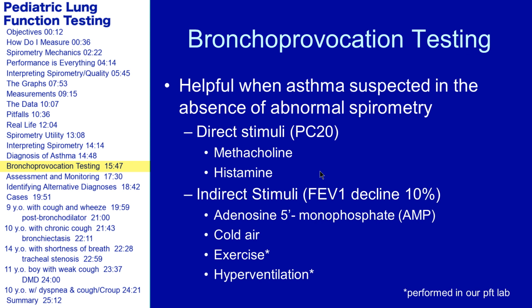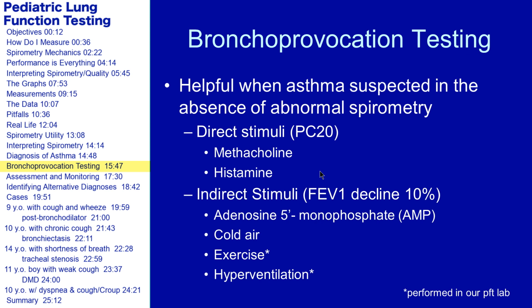And so it is quite sensitive to detecting people who have asthma, in that they'll have a PC20, which is the concentration of drug that decreases their FEV1 by 20%. That's within a certain standard that will ultimately say that they are more hyperreactive.